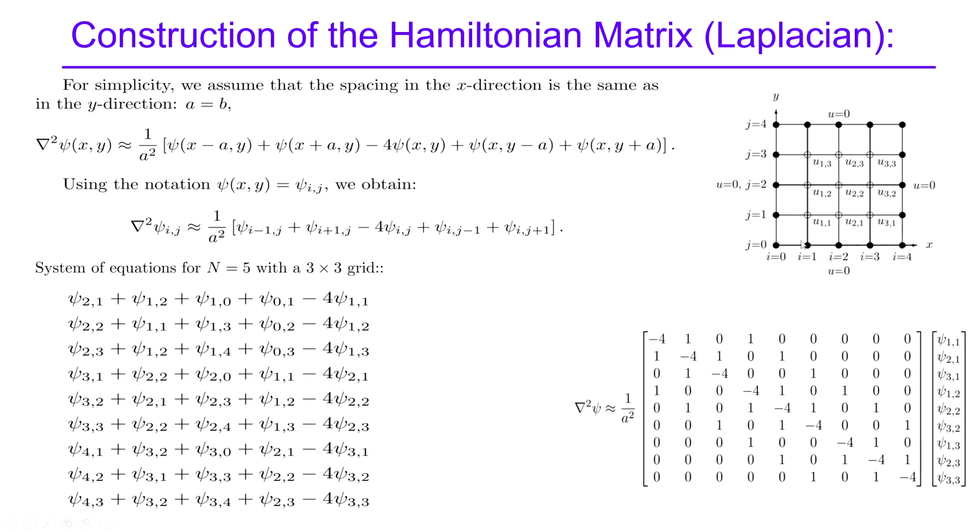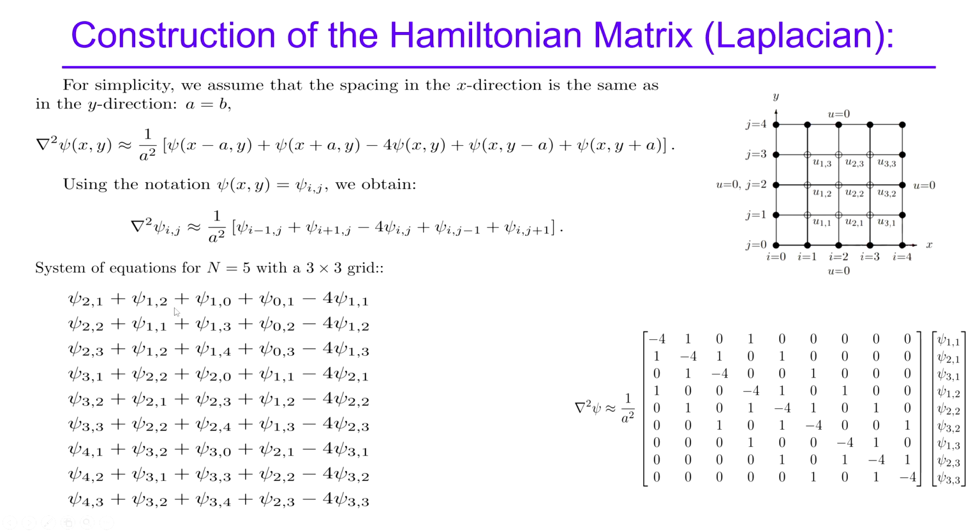This point is a boundary condition that represents this. And okay, c 2 1, this minus 4 c 1 1, this plus c 1 0, plus c 1 2, this.